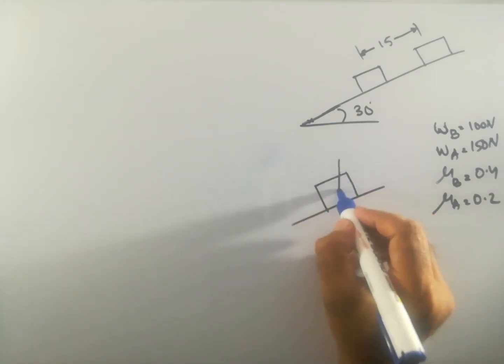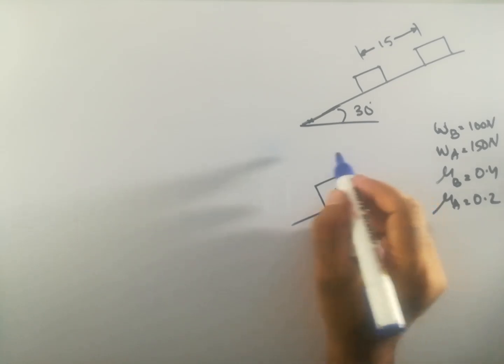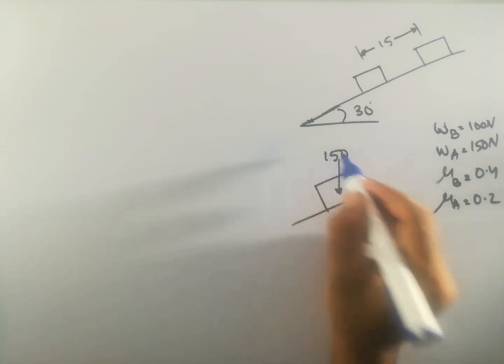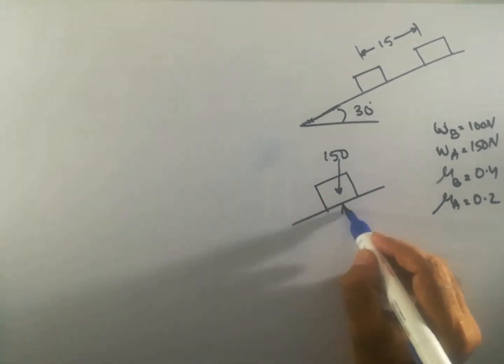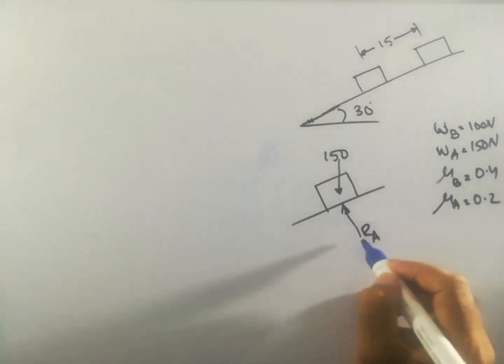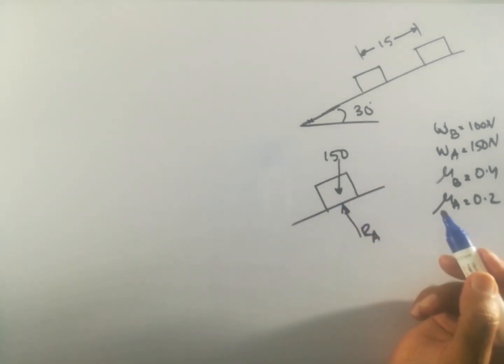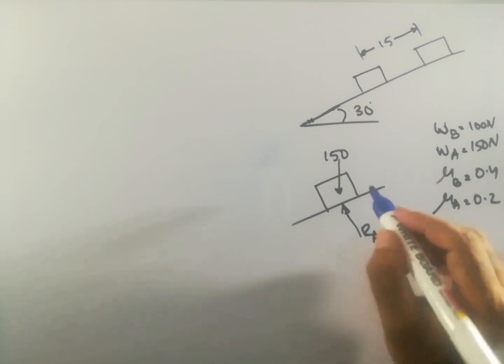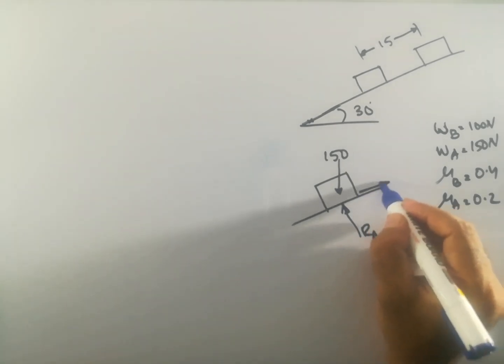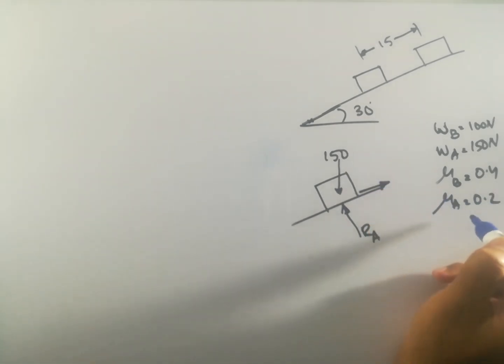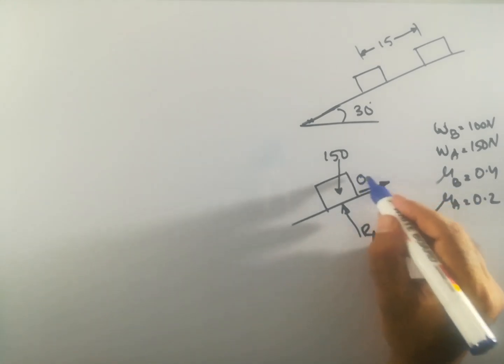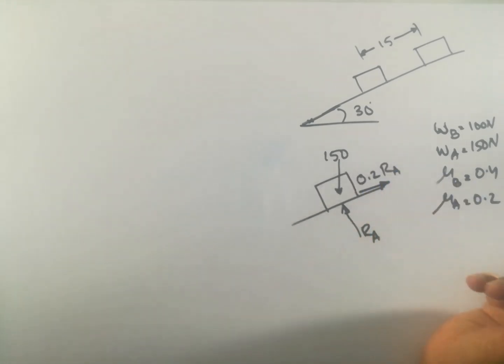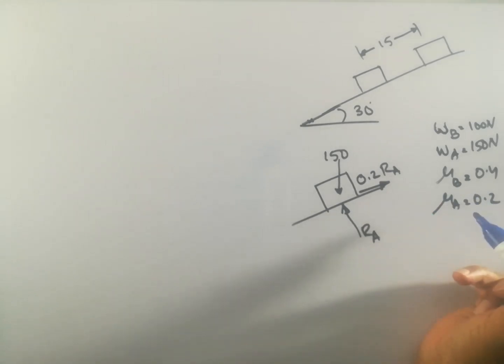Its weight, 150, is acting through the center of gravity. The normal reaction acts perpendicular to the inclined plane. Then the force of friction acts in the upward direction. It is 0.2 into Ra, because 0.2 is the coefficient of friction.